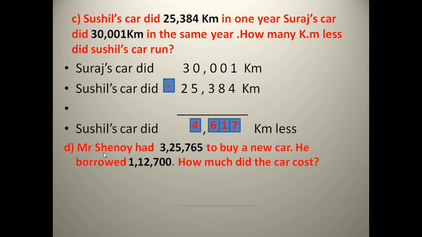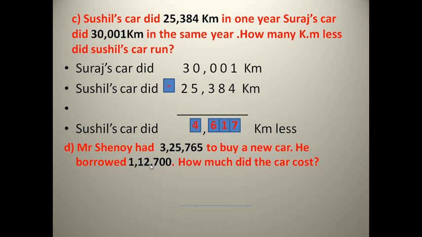Here Mr. Shunoy had 3,25,765 to buy a new car. So this man has this much money to buy a new car.